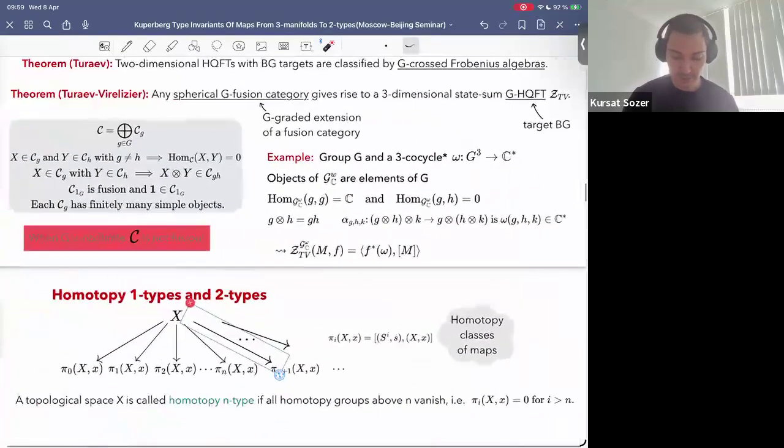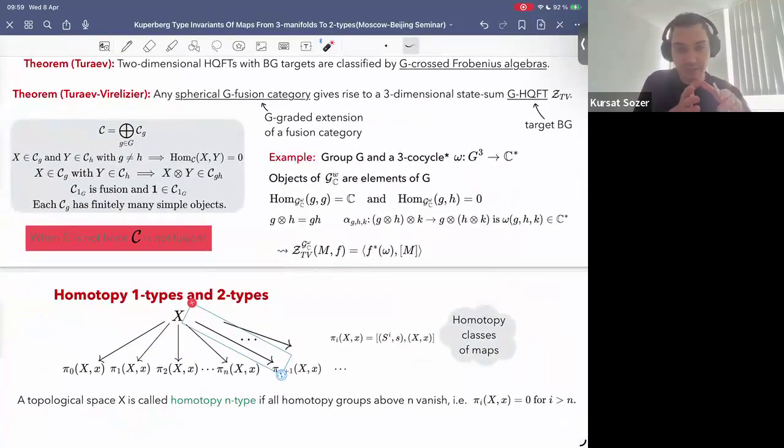Then this invariant that Turaev and Virelizier built is precisely pulling back this cocycle and evaluating at the fundamental class. So this answers precisely that this HQFT with BG target from the state sum construction, one can get the components of this Dijkgraaf-Witten. So in particular, this is a refinement of this invariant. If we take a three-manifold and we take this homotopy class, we associate this number. This number can be in a chosen specific category. It's just one of the examples in here.